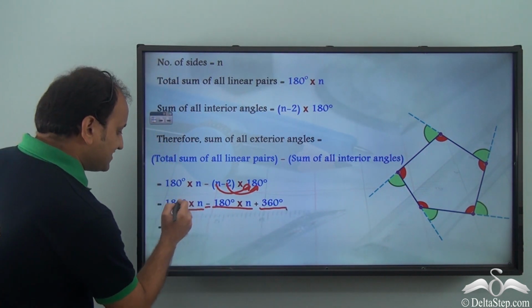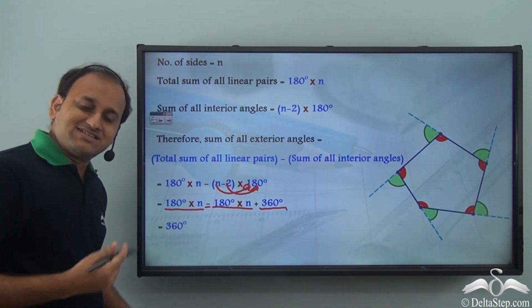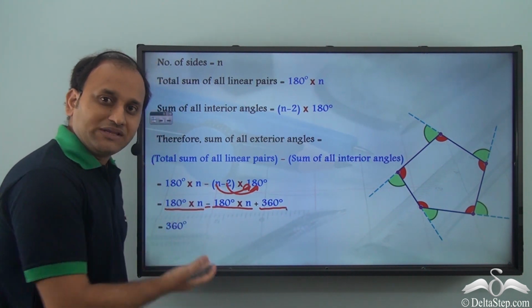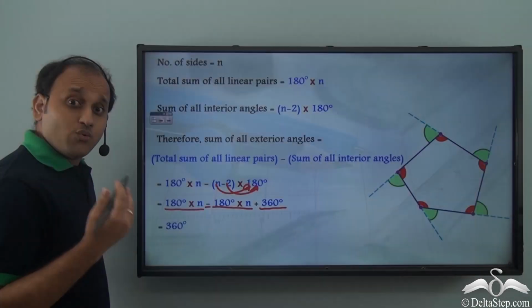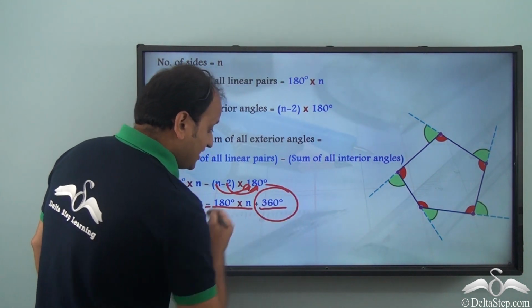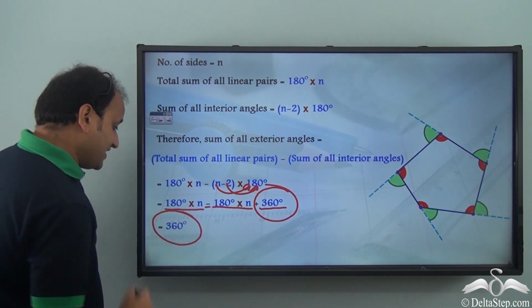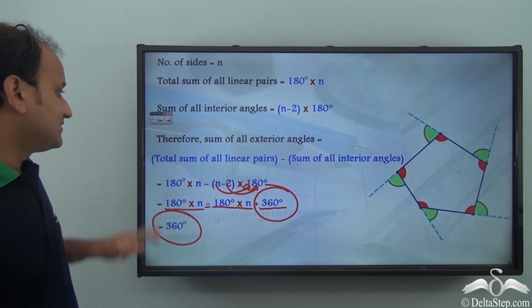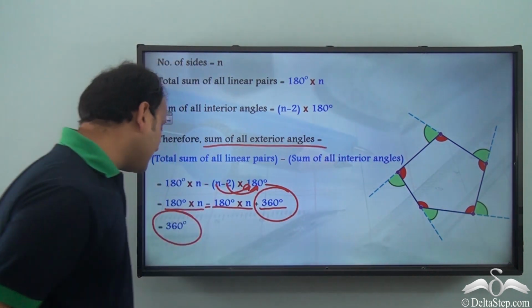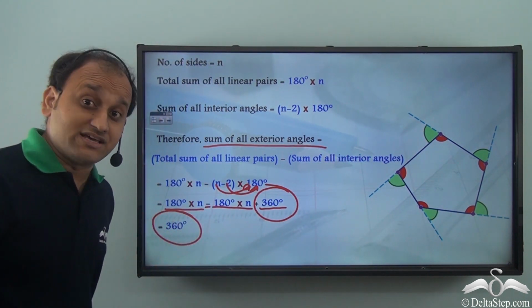Now 180 degrees into n minus 180 degrees into n will be 0. So they get cancelled. So what do we have? We have 360 degrees. So what do we get? Sum of all exterior angles, 360 degrees.